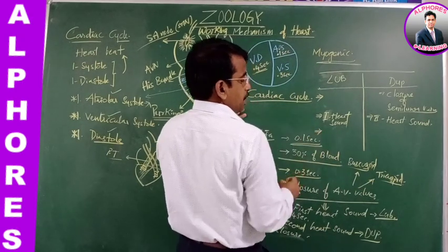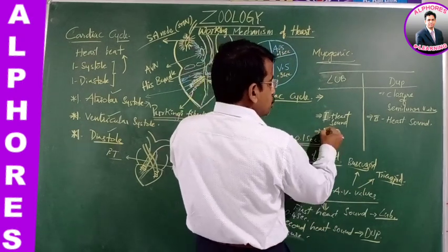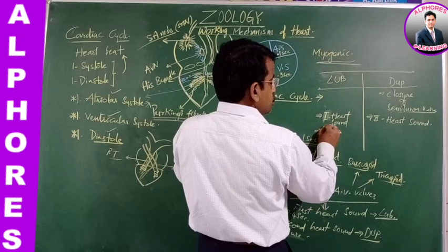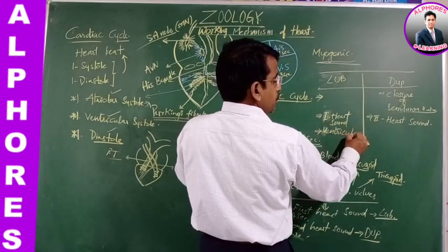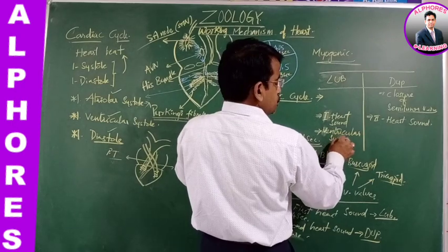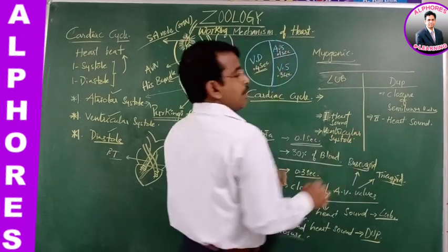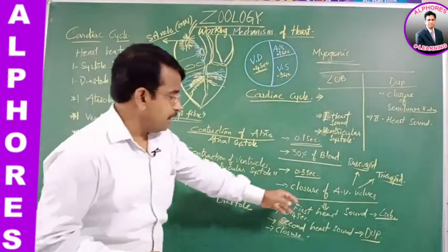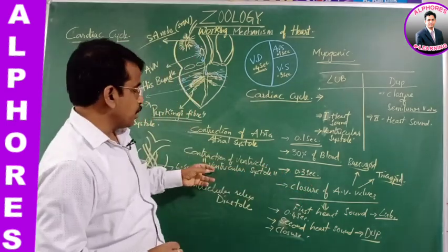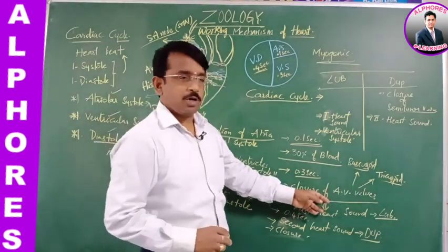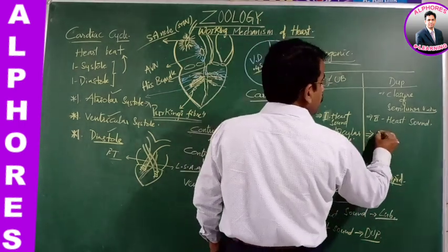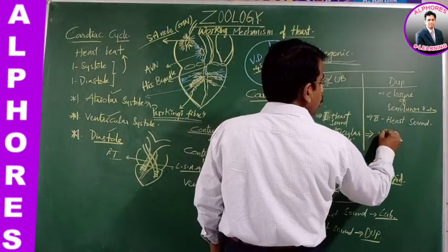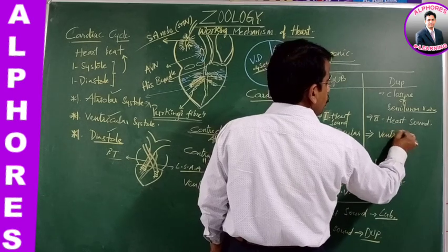Next, lub is produced during ventricular systole. Look at here, lub, ventricular systole. Whereas the dup is produced during the diastole phase, ventricular diastole.